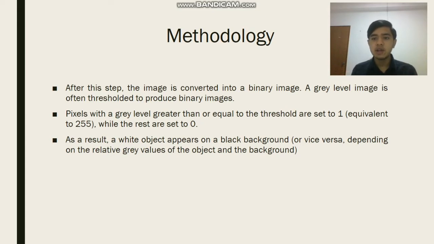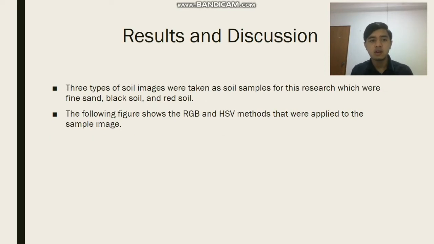This gray level is set with a threshold to produce a binary image. Pixels with a gray level greater than or equal to the threshold are set to 1, while those lesser than the average value are set to 0. As a result, a white object appears on a black background or vice versa, depending on the gray values of the object and the background color.